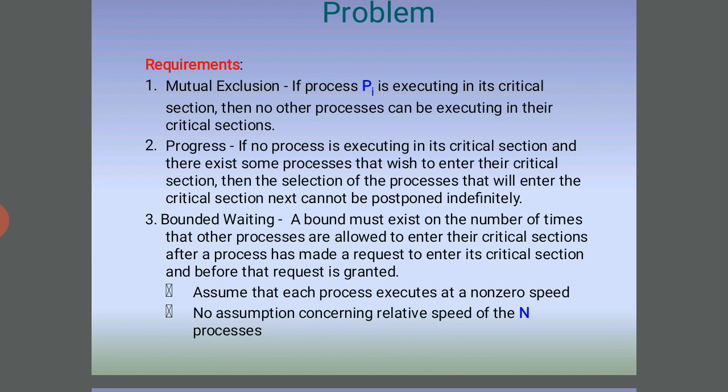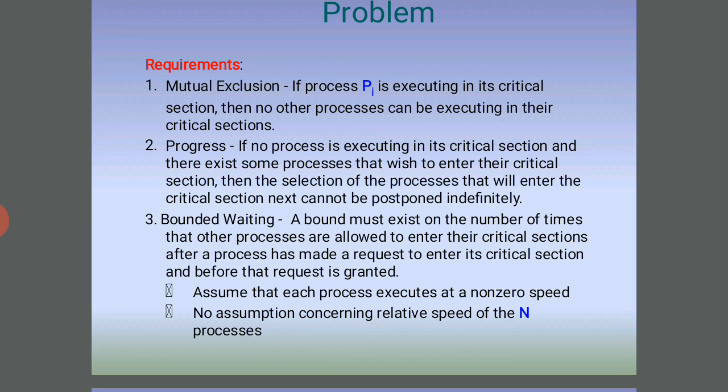Just to see once again: if process P1 is executing in its critical section, then no other process can be executing in its critical section.